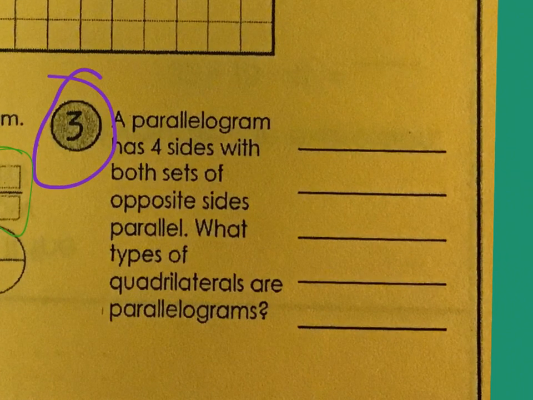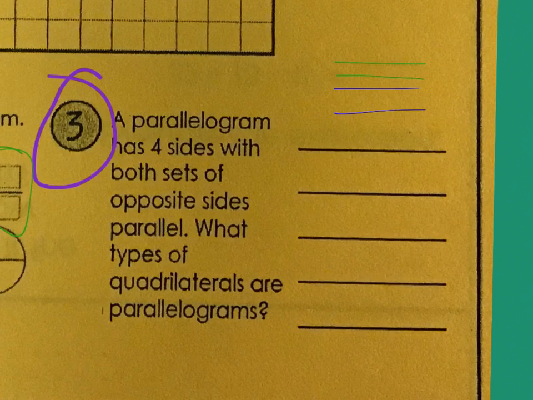A parallelogram has 4 sides with both sets of opposite sides that are parallel. What types of quadrilaterals are parallelograms? So just to kind of review, we're talking about a parallelogram has 4 sides with both sets of opposite sides that are parallel. A parallel line are 2 lines that run together. They'll never cross each other.